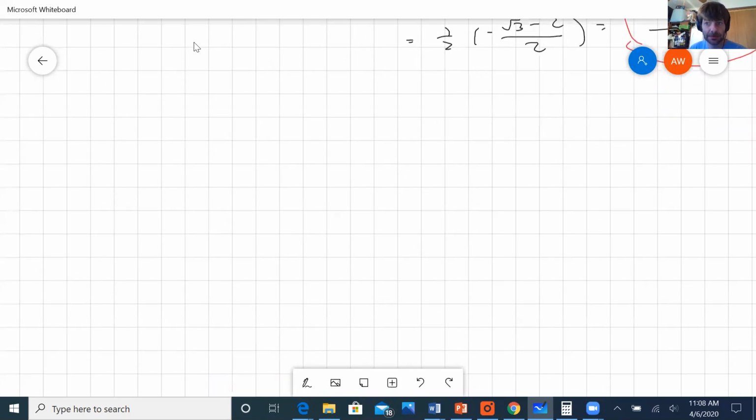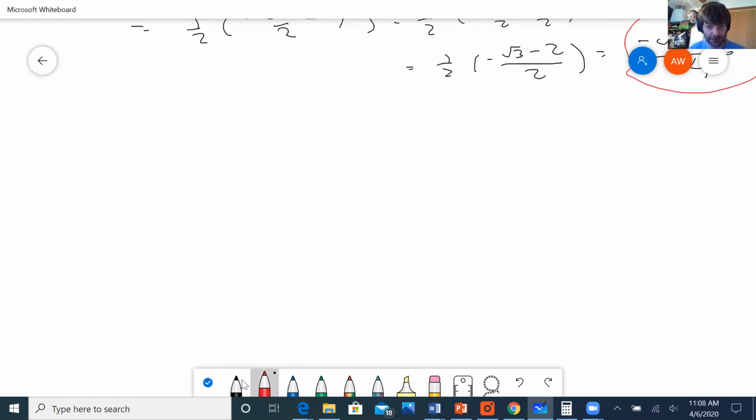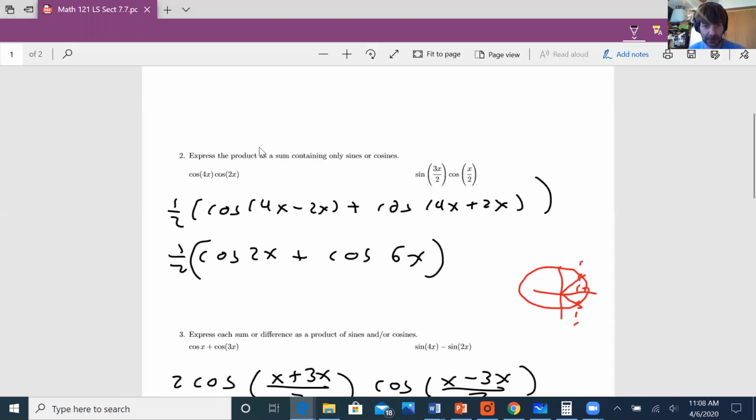The next one I got here says write as a sum. Express the product as a sum.